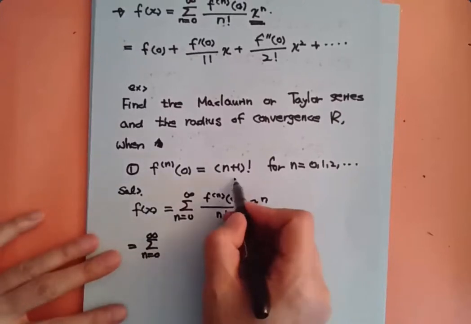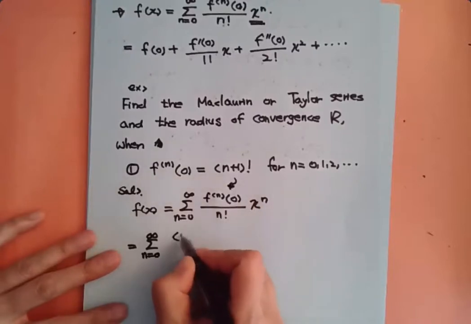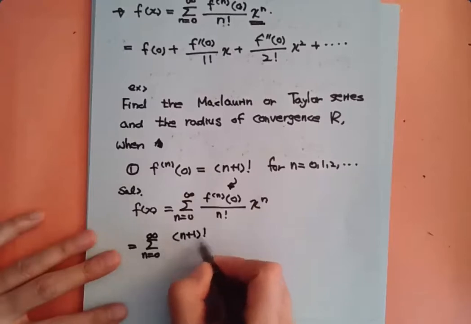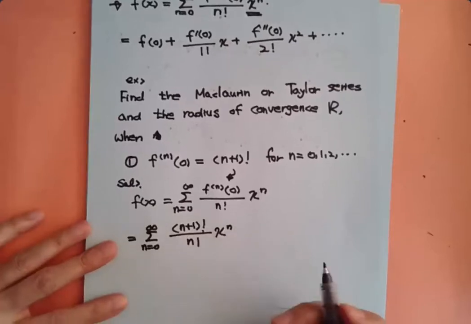So we will do substitution for this one: (n plus 1) factorial over n factorial times x to the n power.